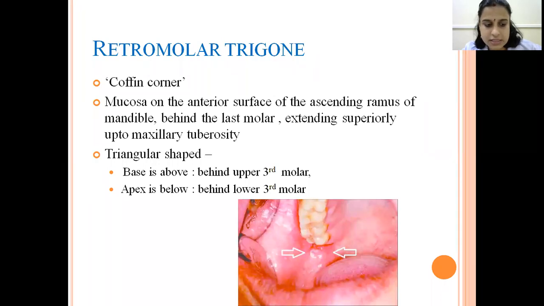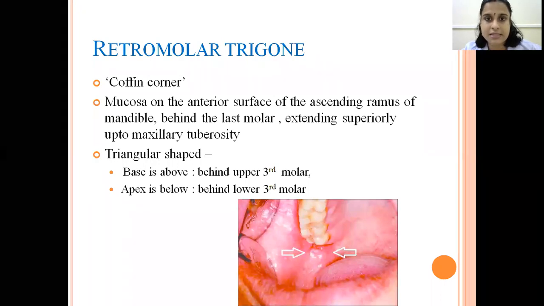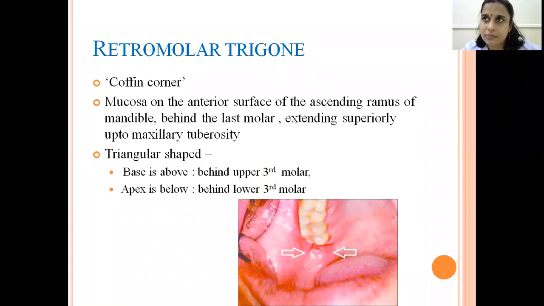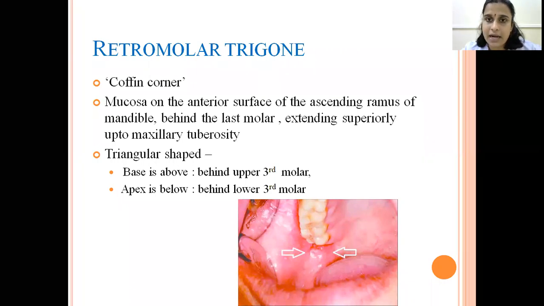Now, this stratified squamous epithelium is either keratinized or non-keratinized. It is keratinized in the regions of the hard palate, around the gingiva, and the dorsal part of the tongue, the dorsum of the tongue.